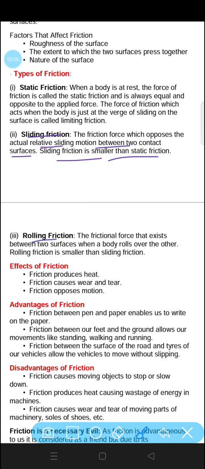The third type of friction is rolling friction. Rolling friction is the frictional force that exists between two surfaces when a body rolls over the other. Rolling friction is smaller than sliding friction. So this is what static, sliding and rolling friction are.